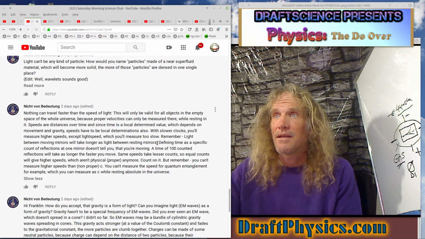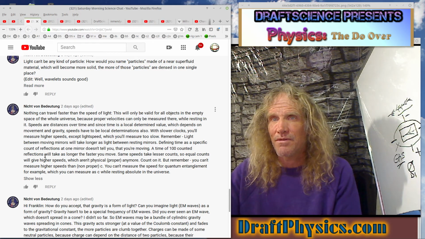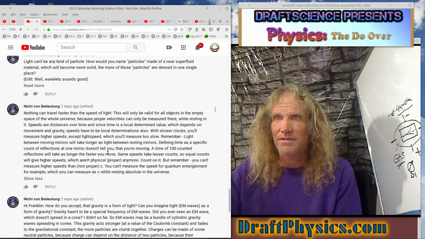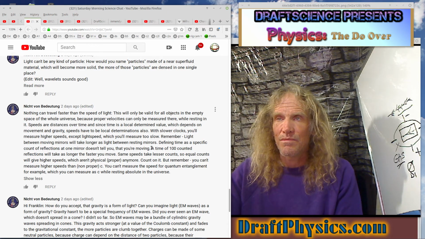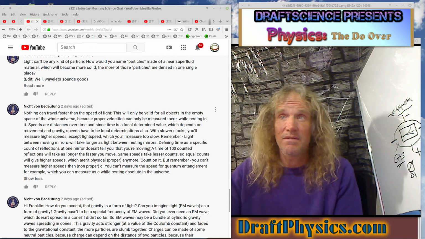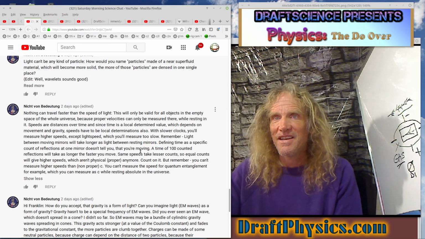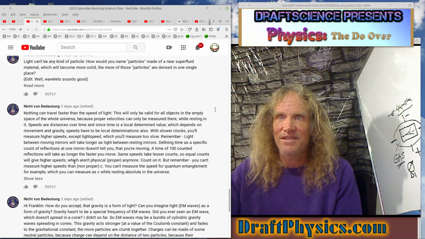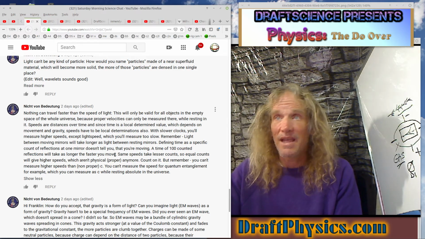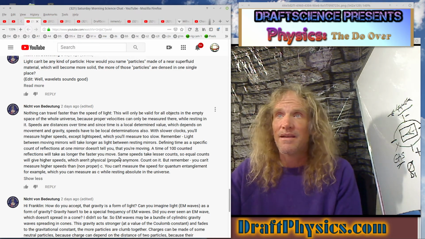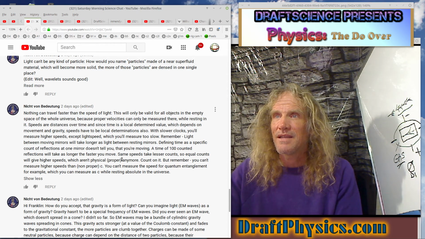Defining time as a specific count of reflections at one mirror doesn't tell you that you're moving. Well, what does tell you you're moving is looking out the window. A time of 100 counted reflections will take longer the faster you move. Yes, okay, granted. Same speed take lesser counts, so equal counts.